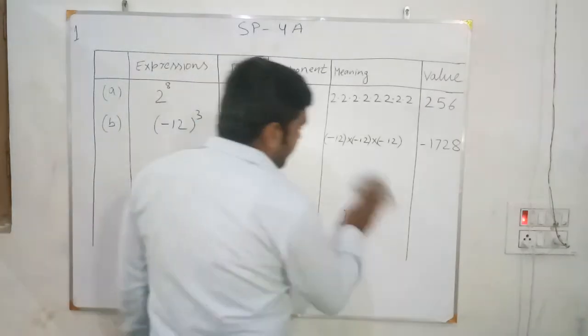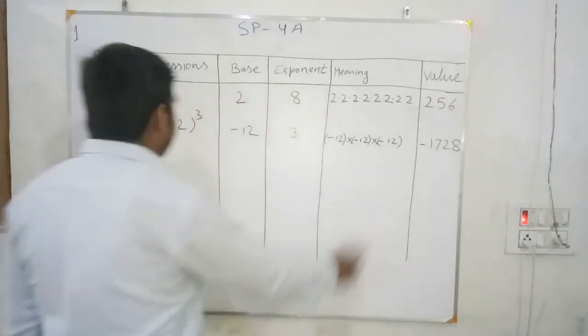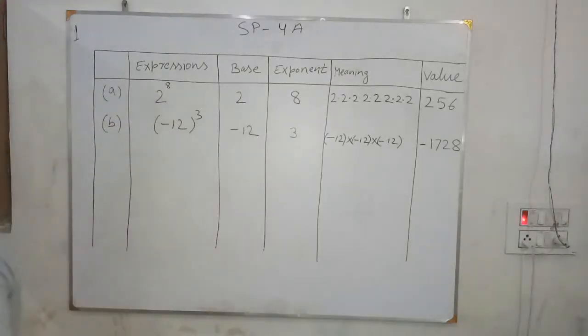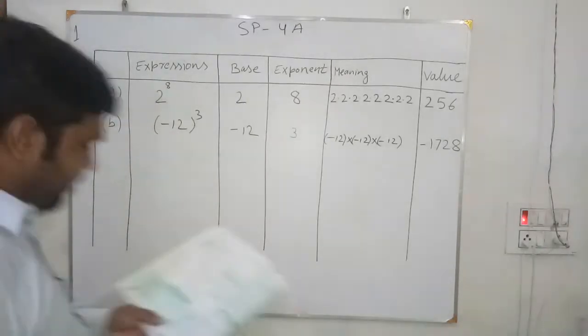That is 1728. So the value is minus 1728.